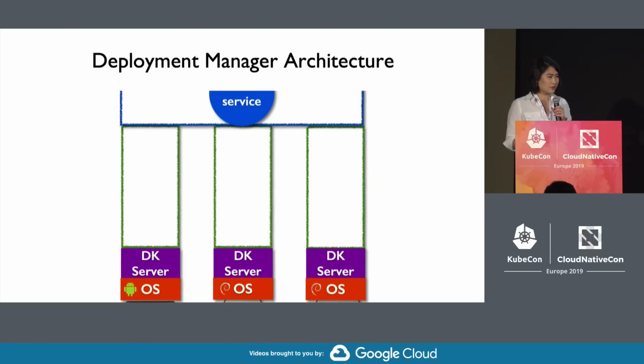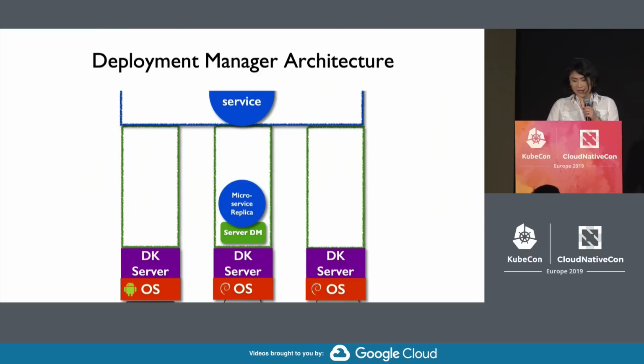We have a single copy of our microservice, which we place in a Kubernetes container, and then we create a server-side deployment manager that runs next to it on the same deployment kernel server. Then we can create another copy, which gets its own copy of the server deployment manager. These are just code that gets invoked by the Amino runtime on the deployment kernels when the microservice receives an RPC.